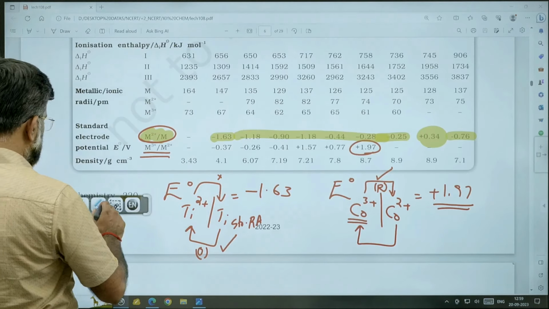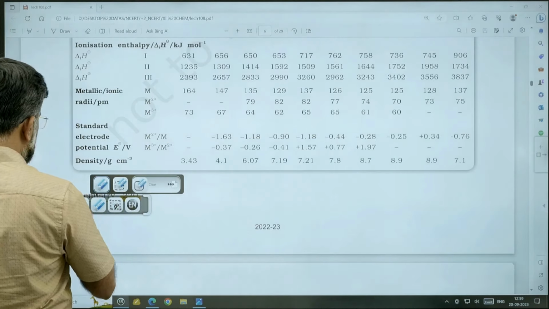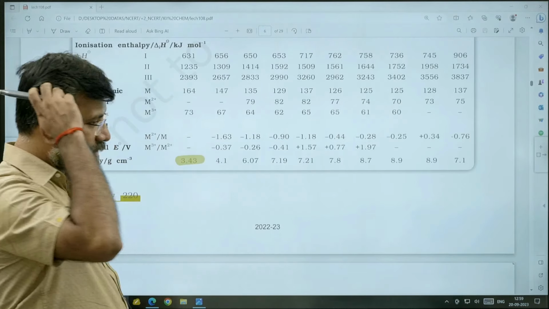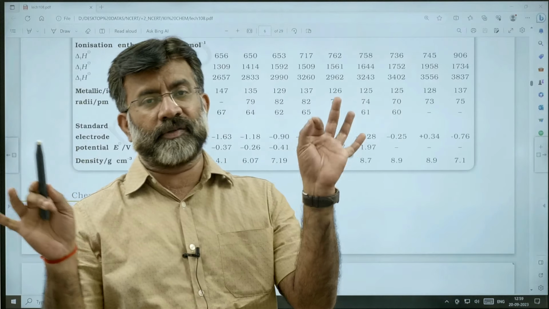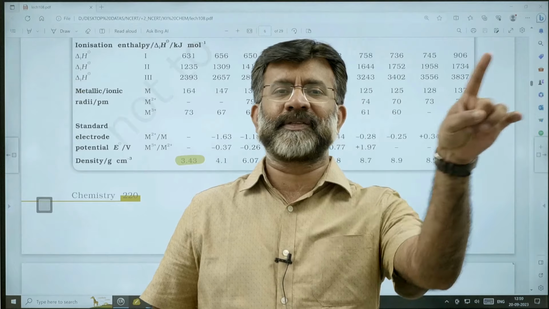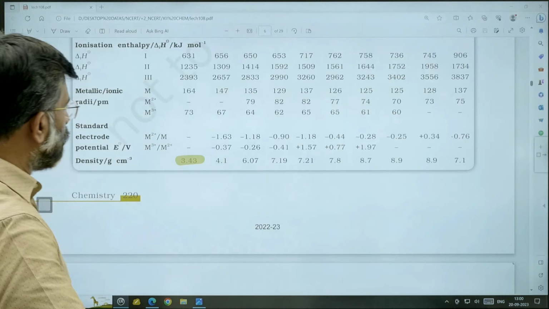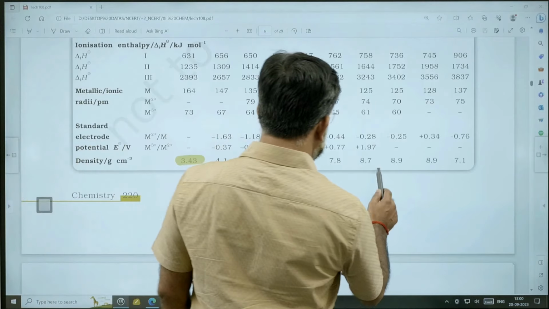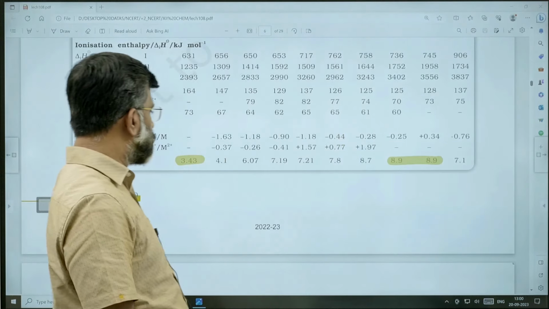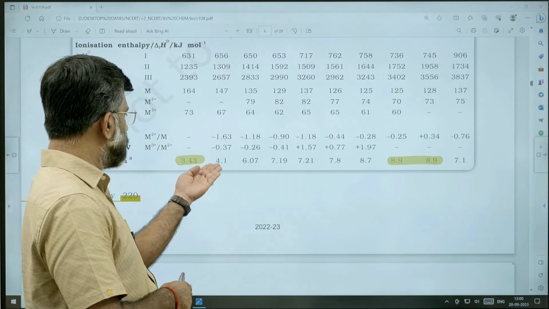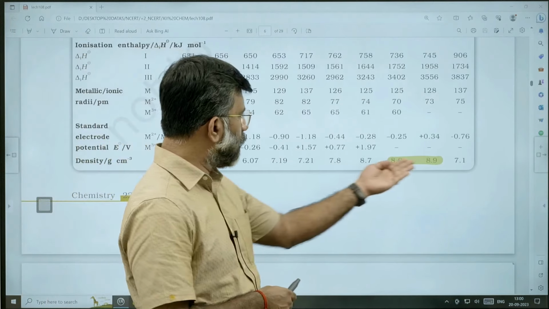Which is the densest element in the series? In fact, this is the lightest element. Scandium is the lightest transition element. Which is the heaviest one? It seems these two are the heaviest transition elements. The second lightest is this, and then gradually it increases.